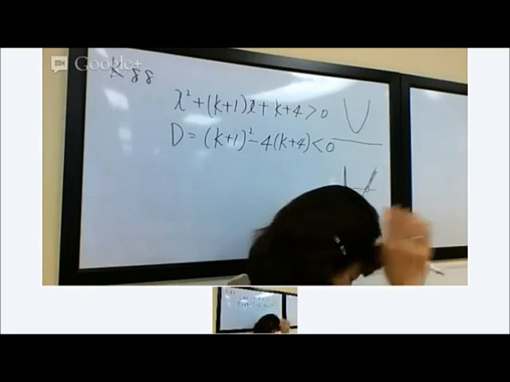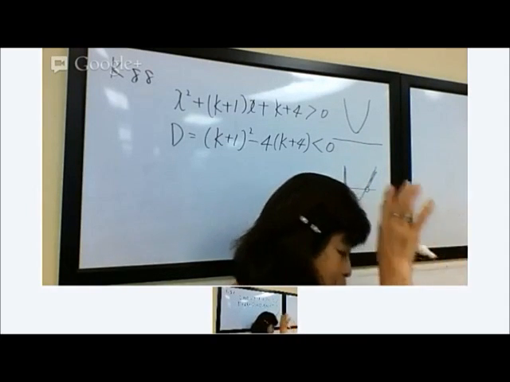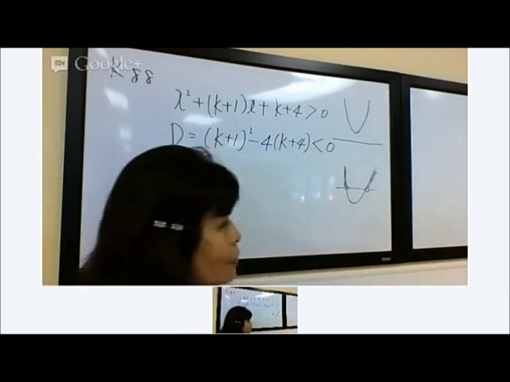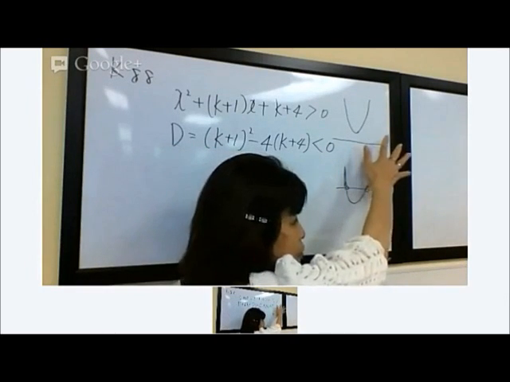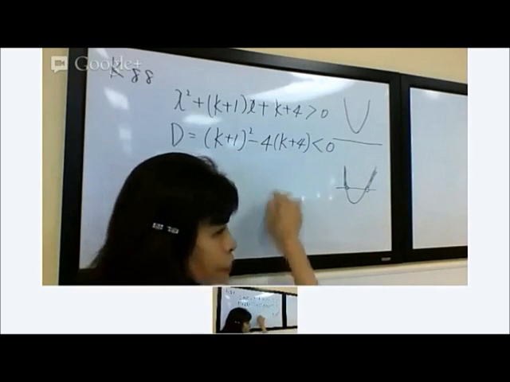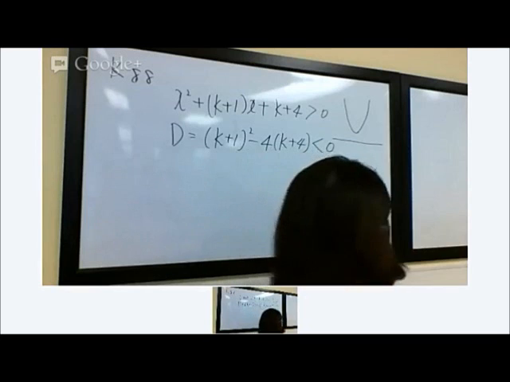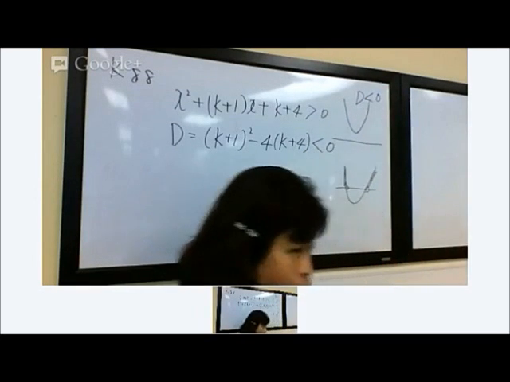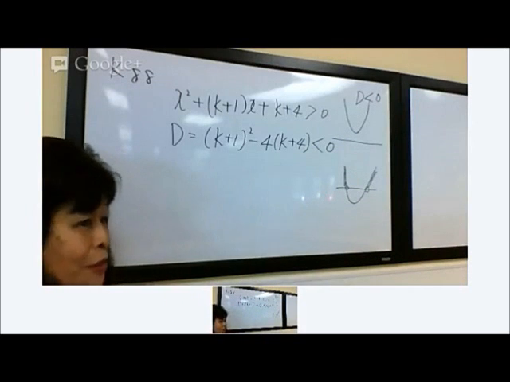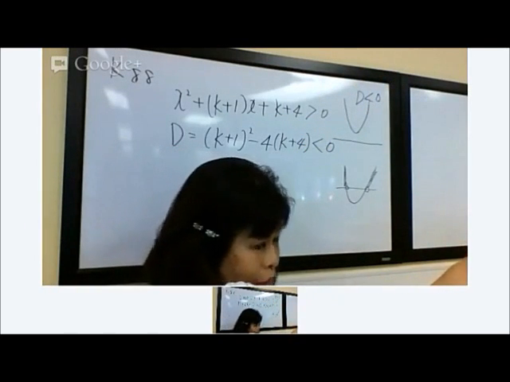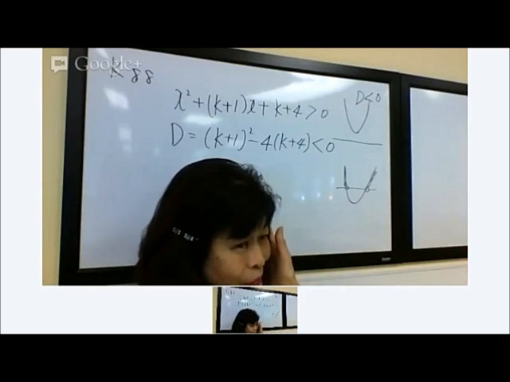The graph needs to be entirely above the x-axis. If this condition is satisfied, it means D is less than 0. Only in that case can the entire graph be above the x-axis.